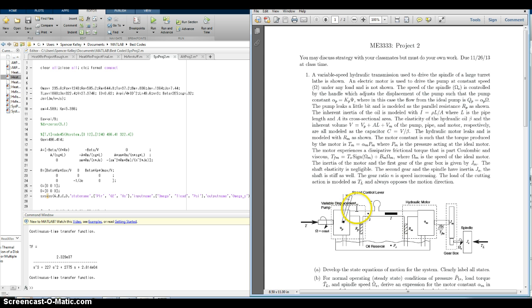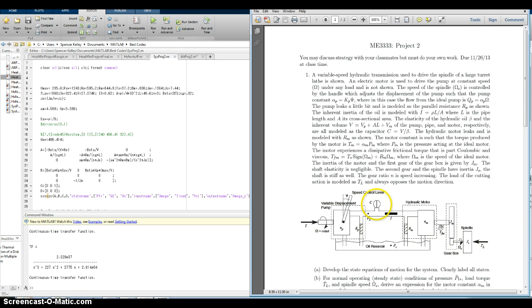Basically, it's a turret lathe that has a constant input speed, and then it goes through this fluidic system and ultimately comes out as the spindle speed that is operating on whatever the load is.